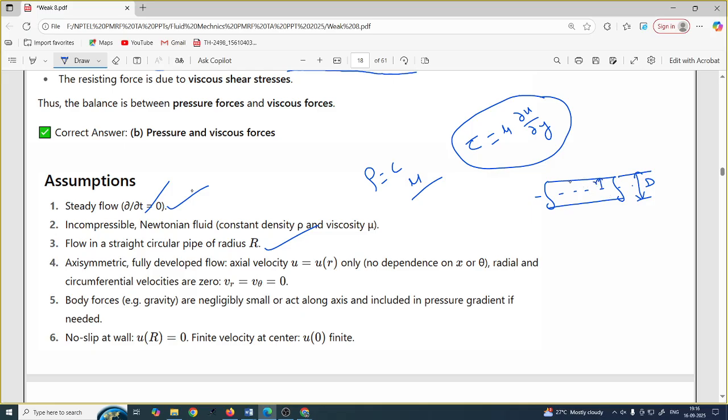So as you know, the velocity changes like that, means your velocity is varying in the r direction. So that's why it is written. And the no slip condition, yes, and the body force, that is gravity, is negligible or small, acts along the axis, and include the pressure gradient if needed. So these are the assumptions.